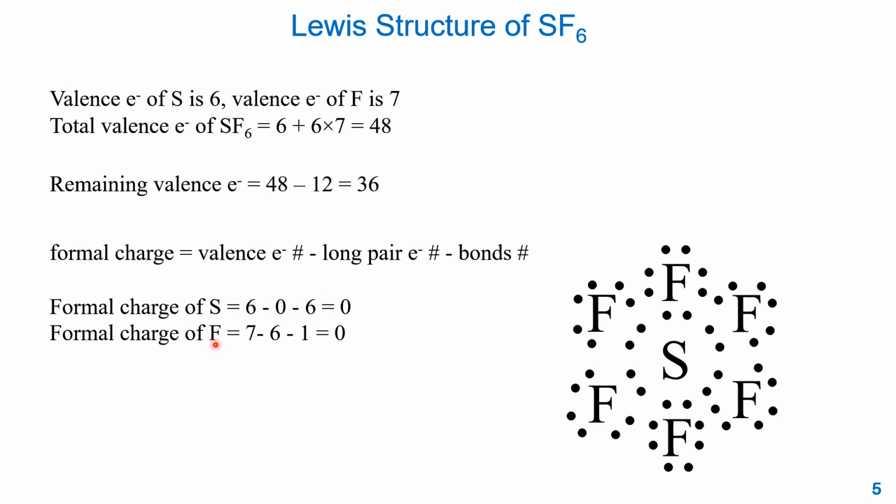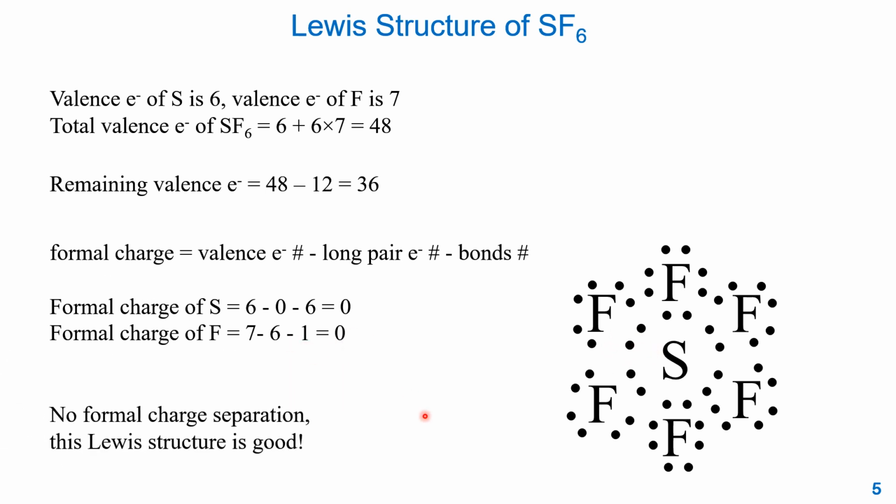For each fluorine, that's 7 valence electrons minus 6 lone pair electrons. Each fluorine has 3 lone pairs, that's 6 lone pair electrons, and just 1 bond, minus 1. That's 0. So that's also minimized formal charge separation. So that's a good Lewis structure.